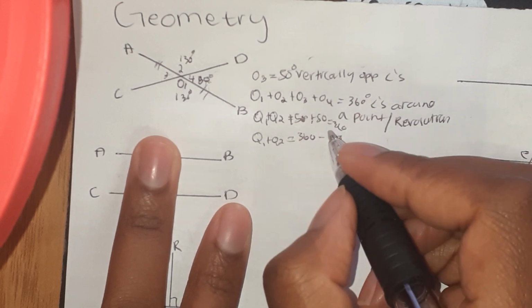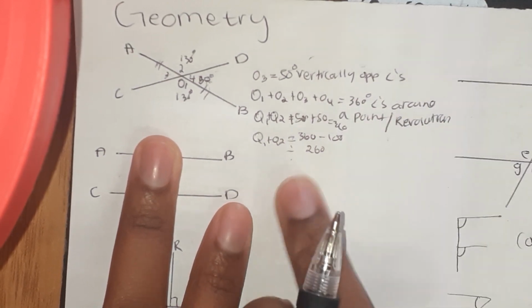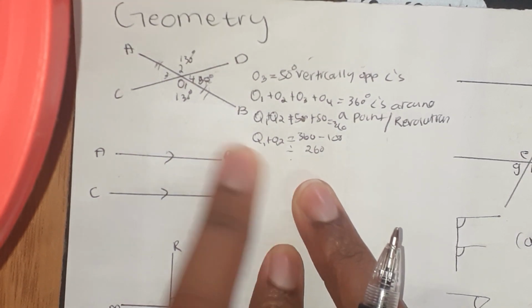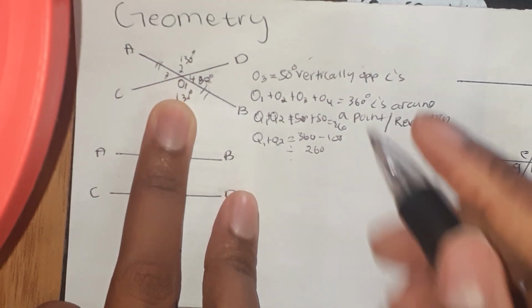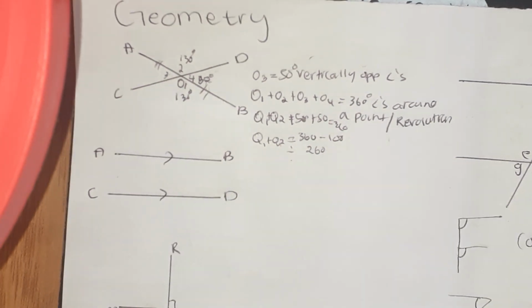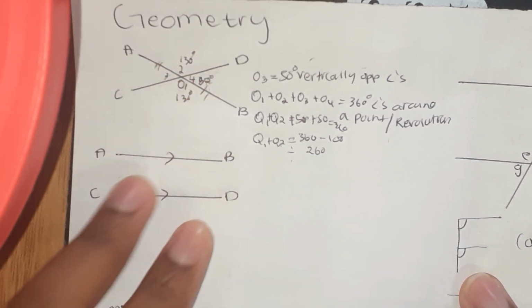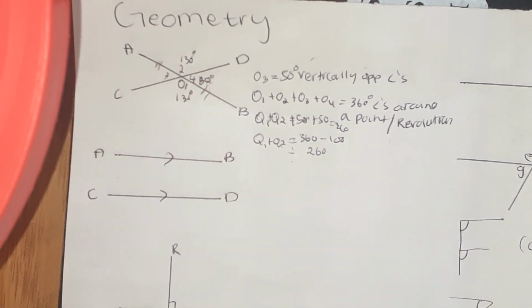And then you will have 260. Then you just divide it by 2, and then you get the value of O1 and O2, right? Because they are the same. So you just take what you get and divide. I hope you understand that.